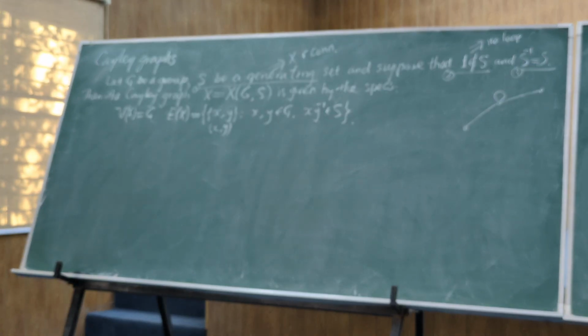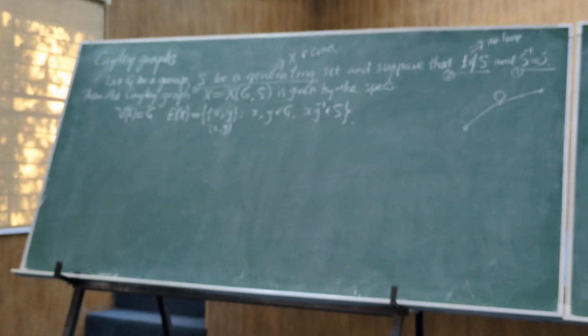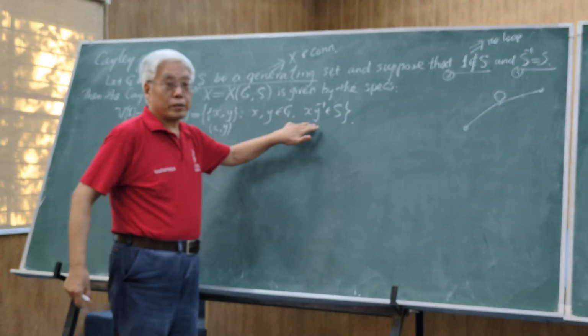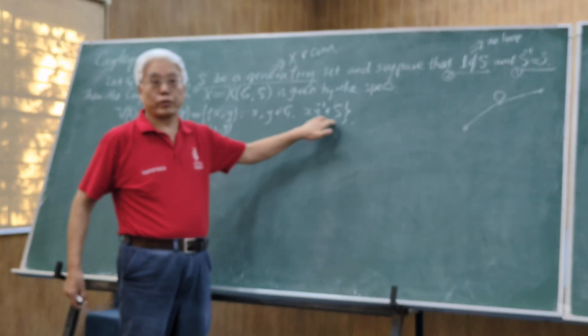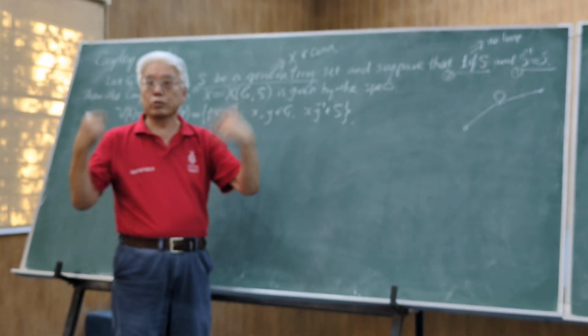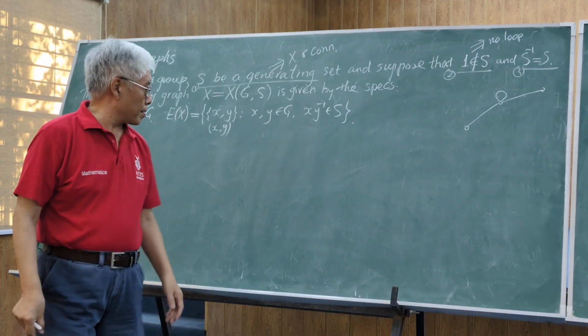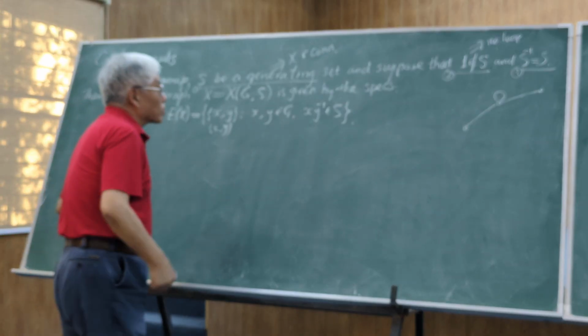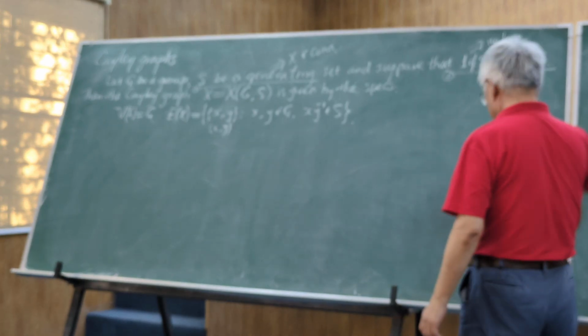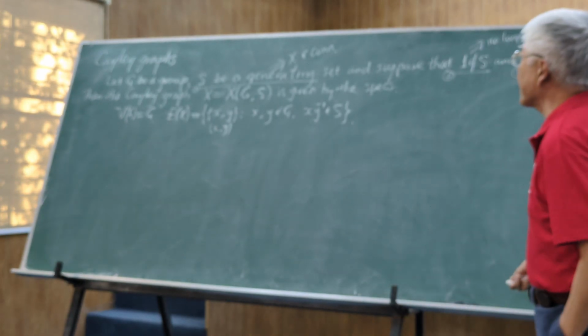We just do it here by assuming that S inverse is S. This means if any element is in S, then its inverse is also in S, so the edges have no direction. That is one reason for each of these condition, and then we put it together.